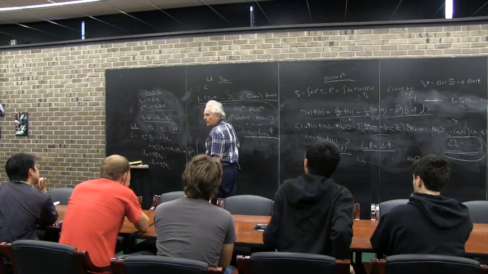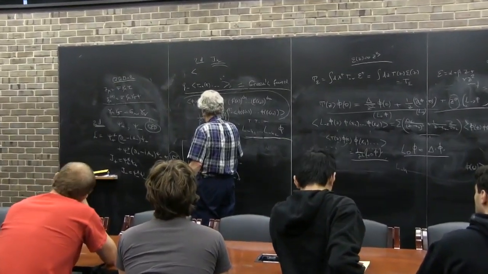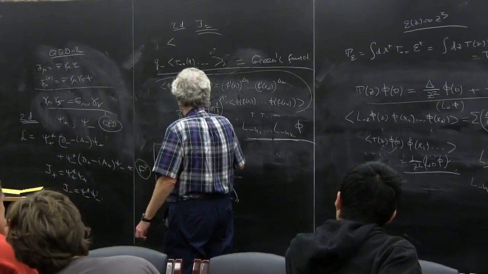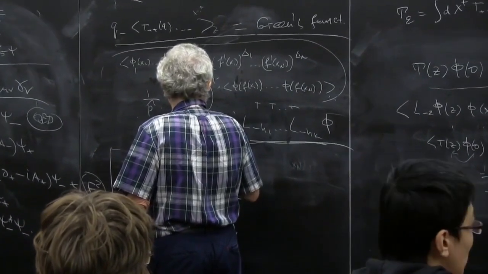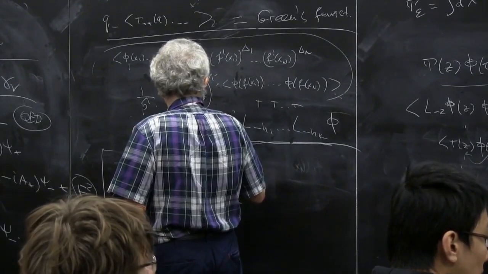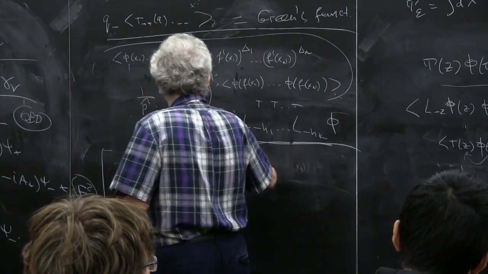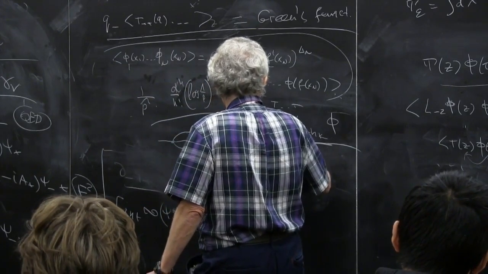You see you have 3 propagators, so that gives you 1 over p to the cube. And you have two integrations here, p to the fourth. And it should have the structure p f of p squared.